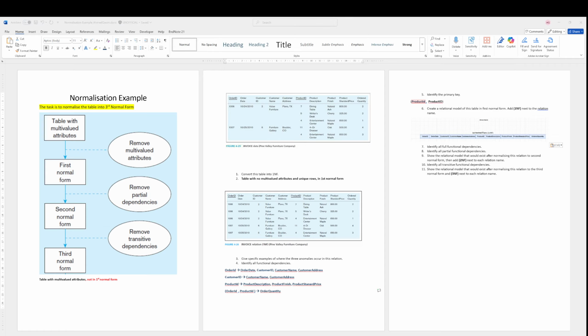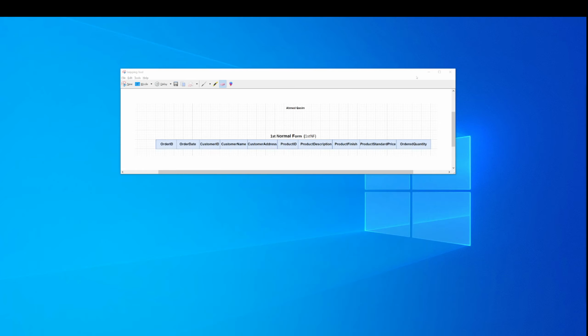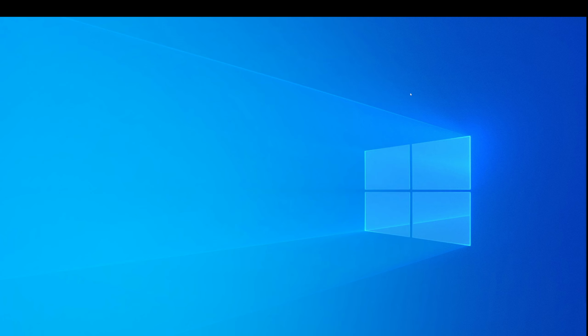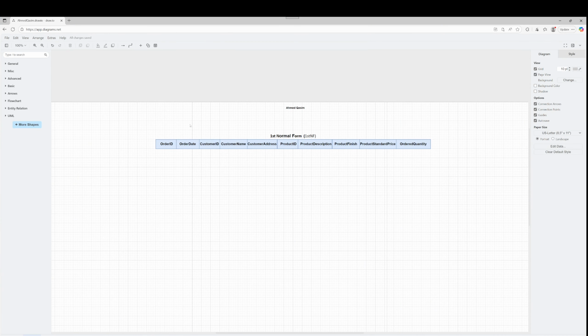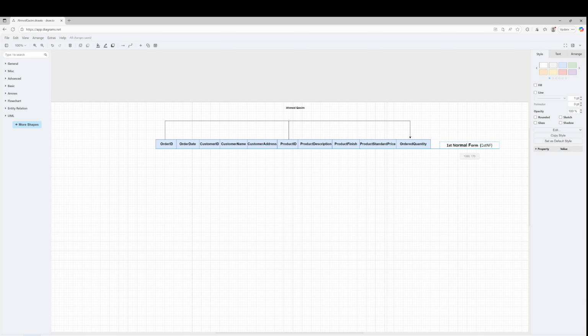So what I'm going to do now, I need to show that in the relation. So what are the full dependency? In this case, the full dependency are these. Okay, can just shift this one here.